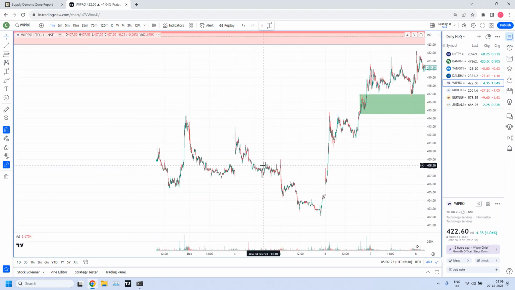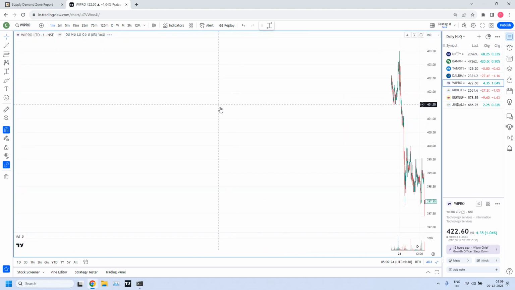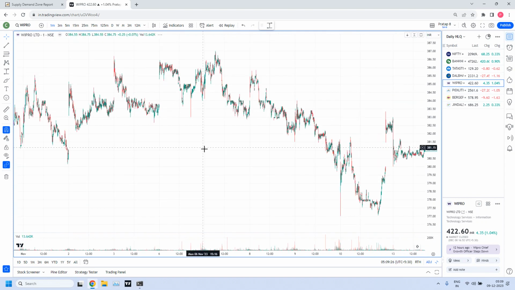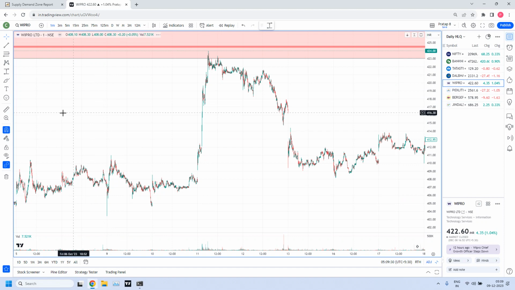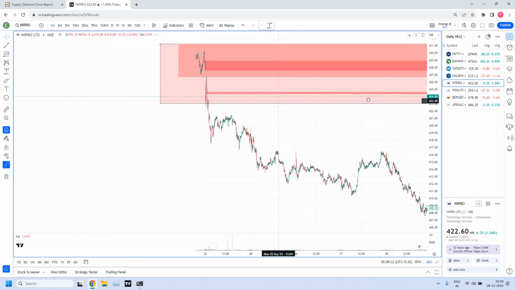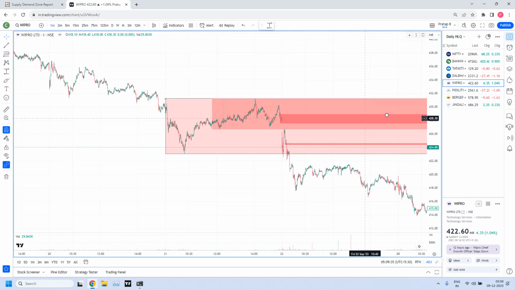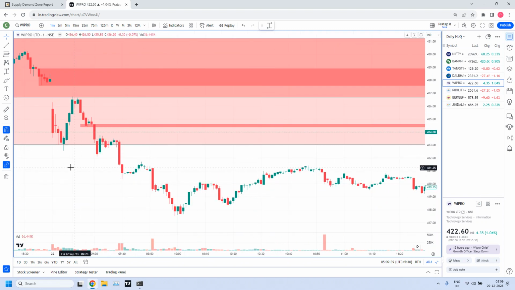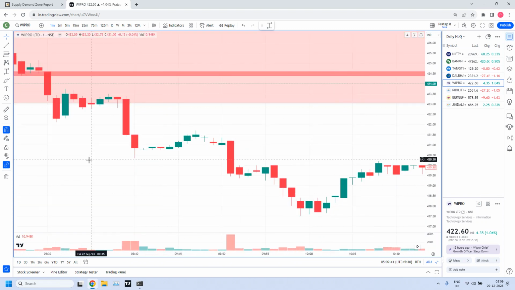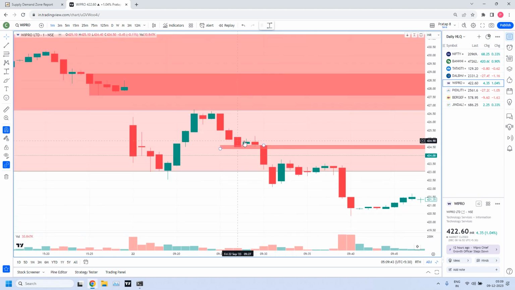Now let us look into that zone in 1 minute. Let us zoom in. Did you find a 1-minute zone here? Yes.